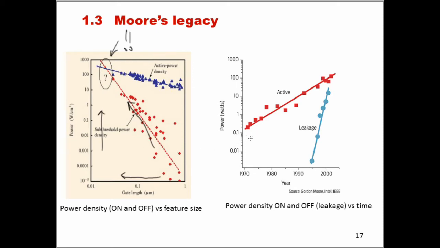And here we can actually see from a different point of view, in a similar way, what we just described. So this is actually the power consumed by a device in active mode and due to leakage. So basically when it's off, the device.